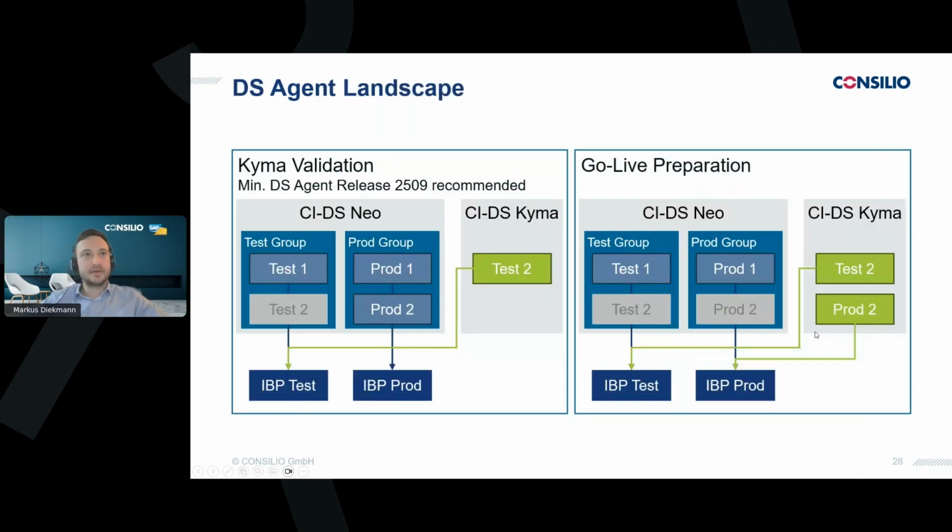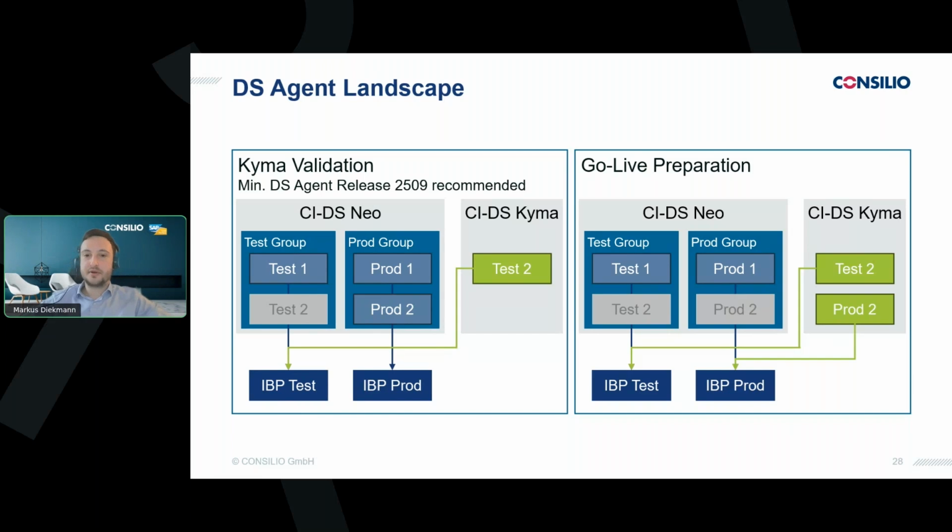So another view on the data service agent landscape again. On the left side is the situation from the Kyma validation, how we adjusted the data service agent landscape. And now, preparing for go-live, we recommend that shortly before the go-live date you route the first agent from the productive system from Neo to Kyma.